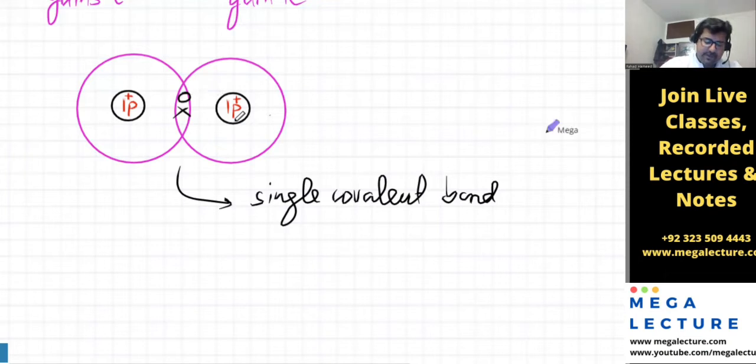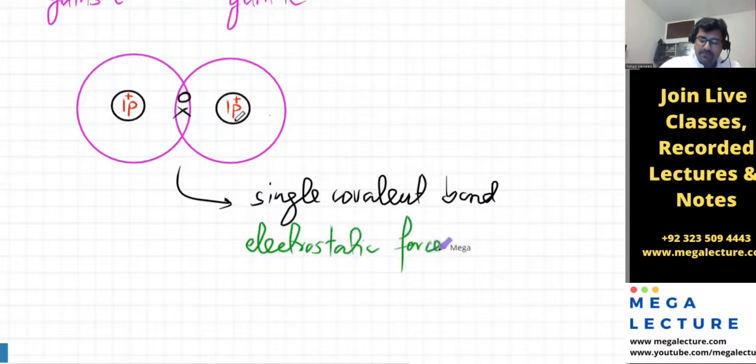So a covalent bond is an electrostatic force of attraction, just like an ionic bond.